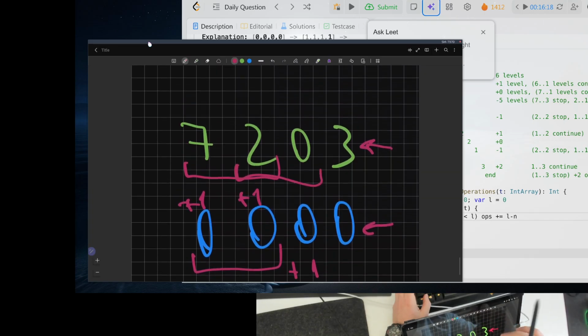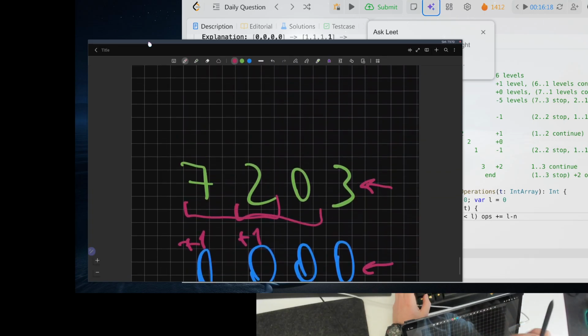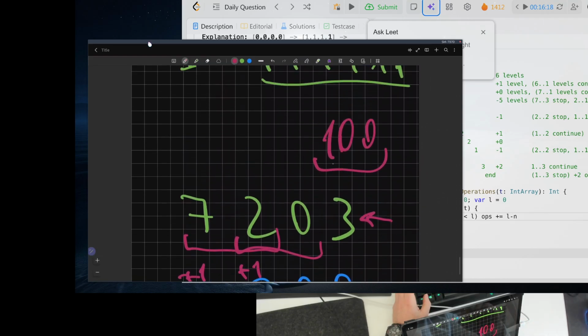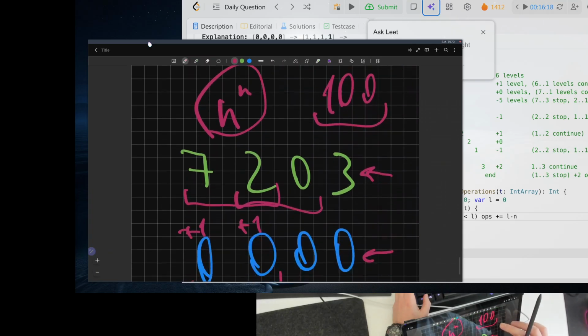Even if you have like 100 numbers, the brute force is choosing any subarray sequence, and it would be like n to the power of, I don't know, n. It would be big.